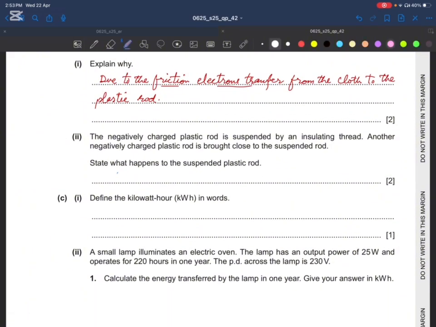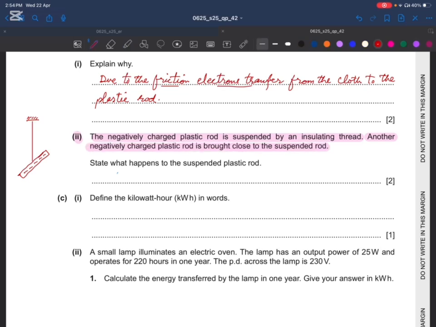In the second part of this question, part B2, the negatively charged plastic rod is suspended by an insulating thread. So you have something like this: the negatively charged rod is hanging with a thread, and then what's next? Another negatively charged plastic rod is brought close to the suspended rod.